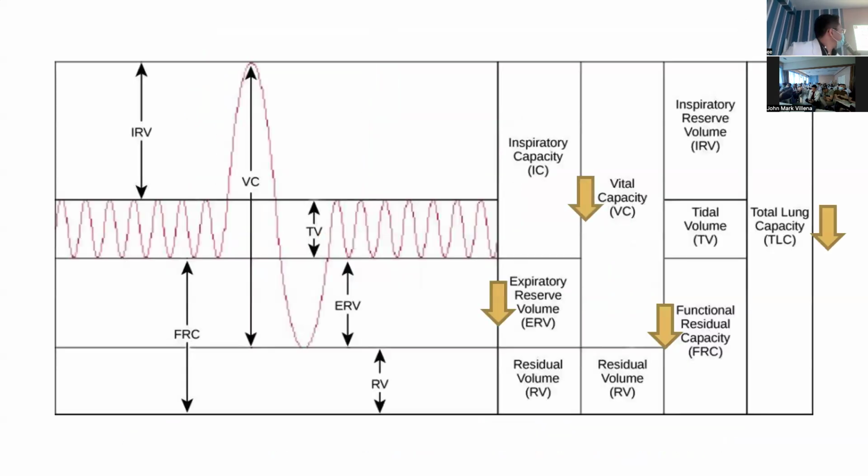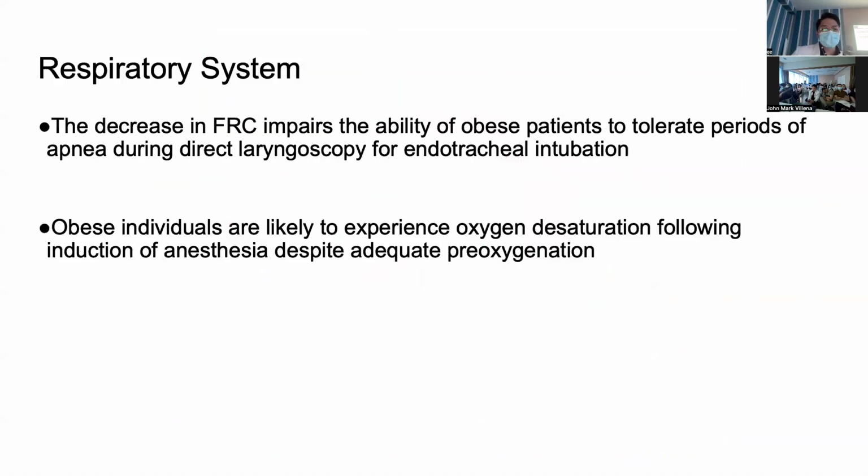So as in the picture, there is a decrease in ERV, vital capacity, FRC, and total lung capacity. And the decrease in the FRC impairs the ability of these patients to tolerate periods of apnea during laryngoscopy for intubation. These individuals are likely to experience oxygen desaturation following induction, despite adequate preoxygenation.